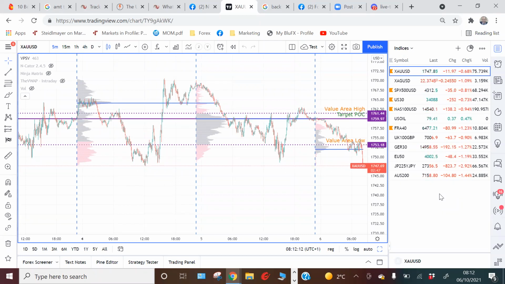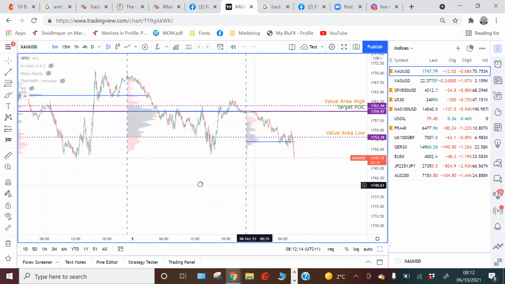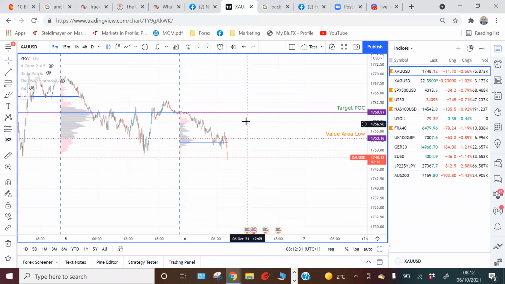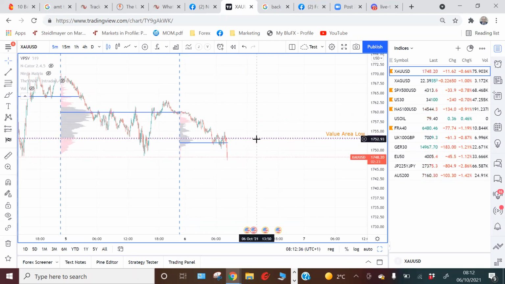Okay, so what I want to quickly do is take absolutely everything off my chart. I'm going to remove this. I'll just do a recap, because it's always good to start. And just to let you know, we are looking for a name for this strategy.